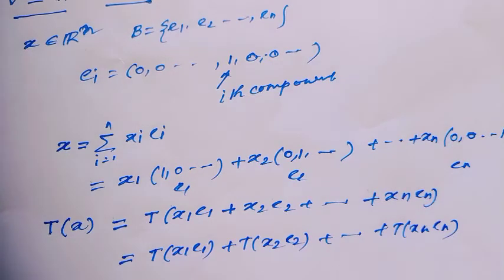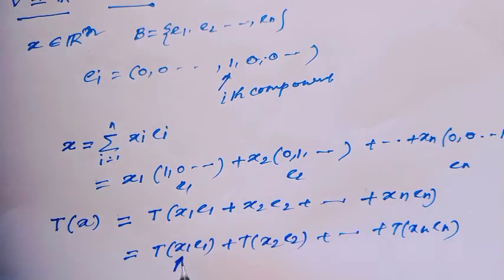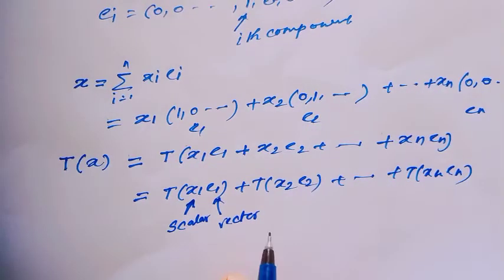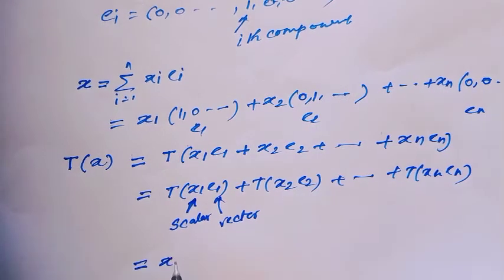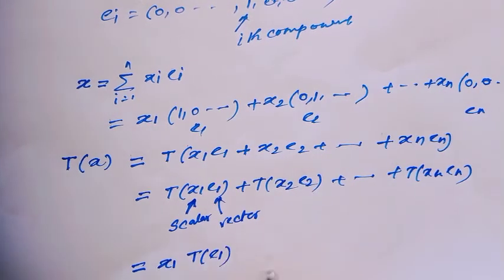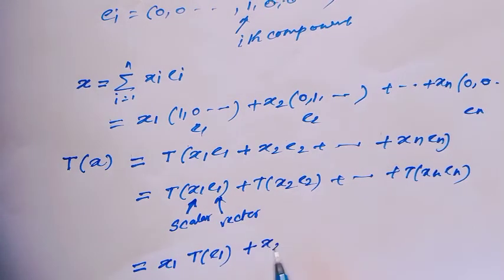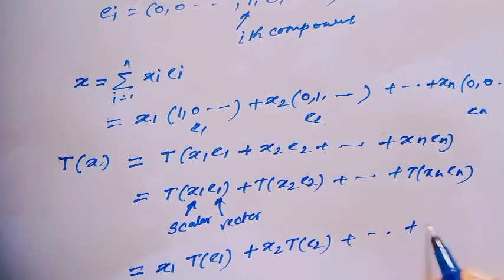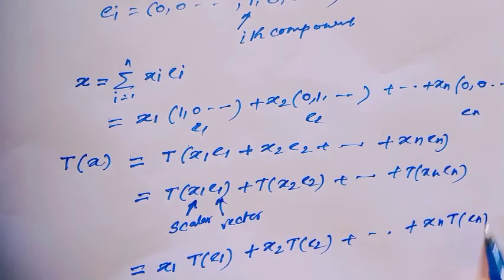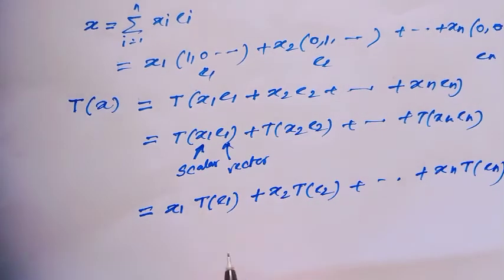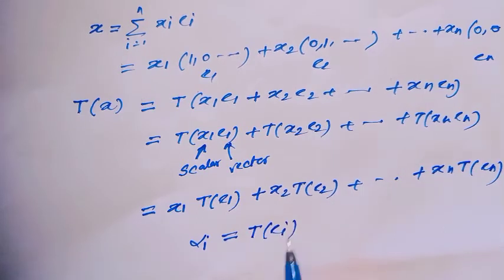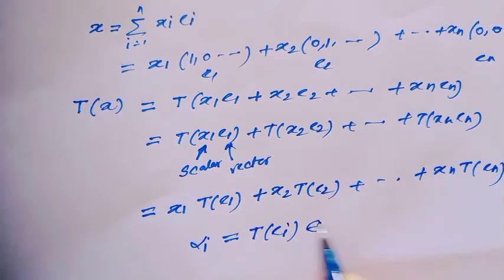Here notice one thing: x1 is a scalar and e1 is a vector, so by scalar multiplication this is equal to x1 times T(e1). Similarly, this is x2 times T(e2), up to xn times T(en). Now consider alpha_i = T(ei), which obviously belongs to the real numbers.